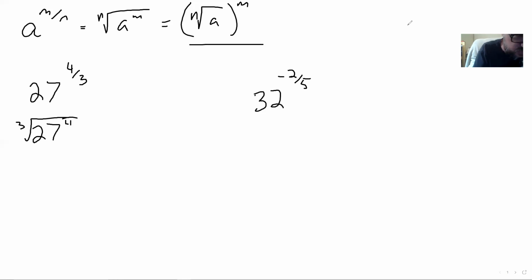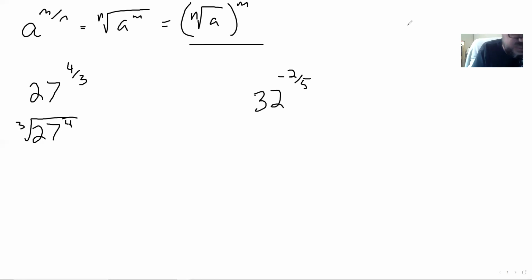And doing so requires that I find 27 to the 4th power and then take its third root. That sounds terrible. 27 to the 4th is huge. What would that be? 81,000? Something like that? No, more like 810,000. That is a bigger number than I would like to deal with.